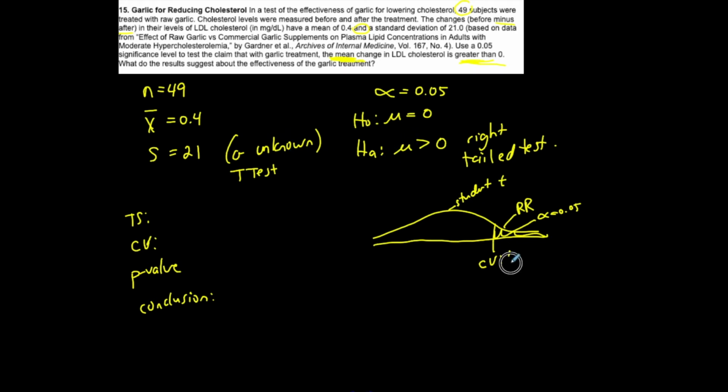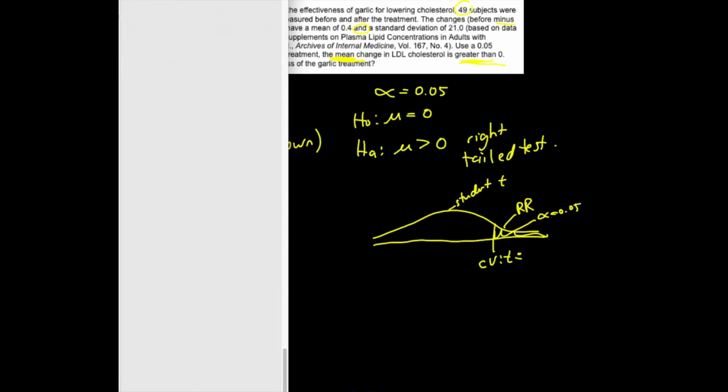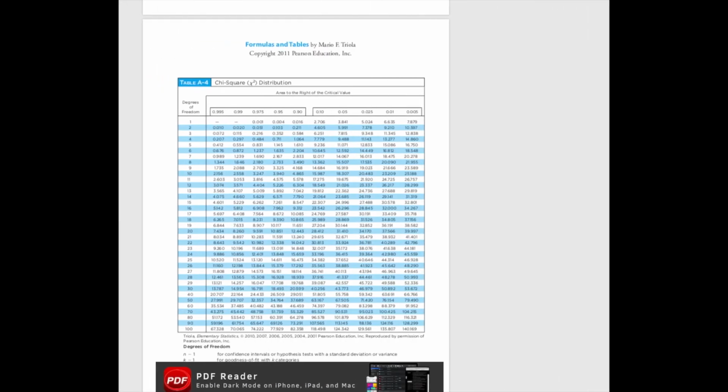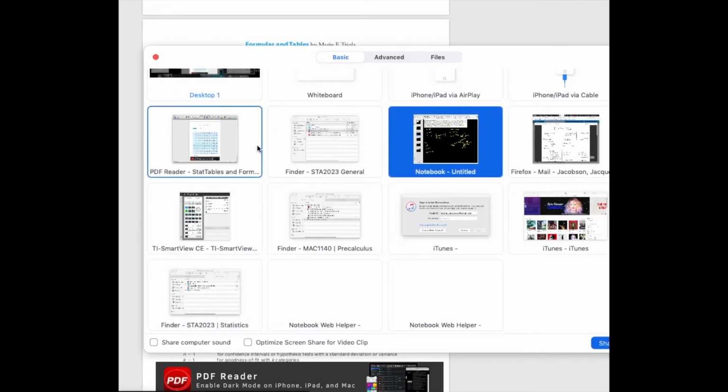My critical value is a t-score. Now, how do I find a t-score if I know an area? Well, how do I find a z-score if I know an area? I went and I used inverse norm. But when we did this in chapter 7, and we used the student t-distribution, we had to go and use, where's my table?